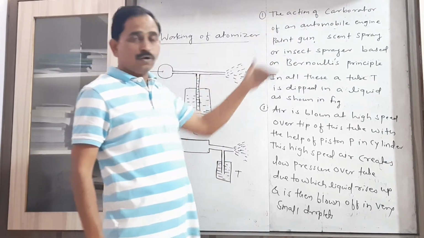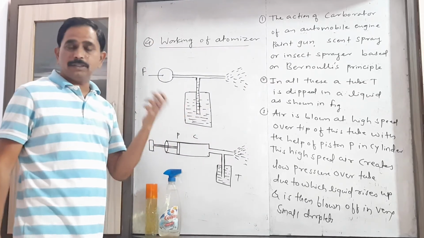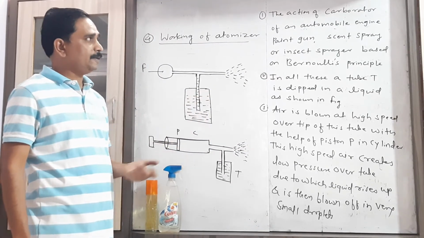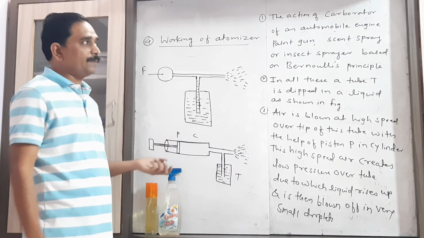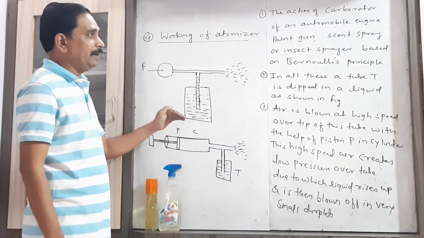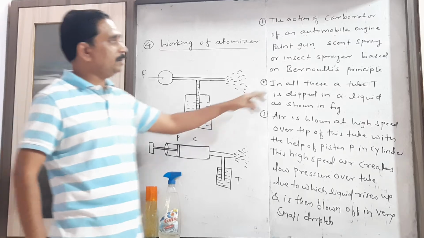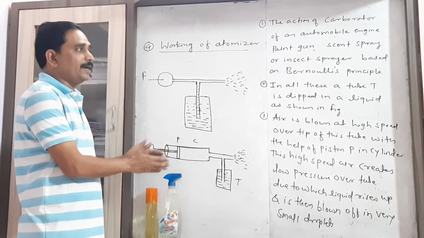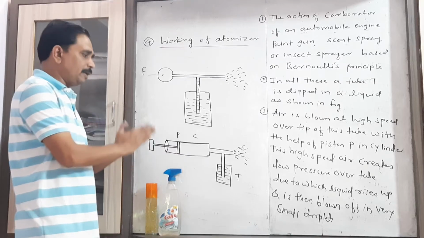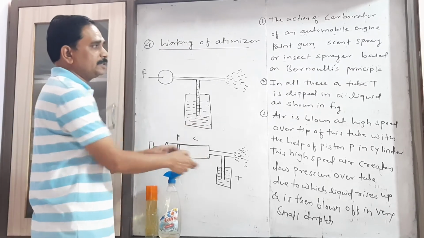That is the action of carburetor which is used in our automobile engine, paint gun, scent spray, insect spray. These are all atomizers based on Bernoulli's principle. Now in all these devices we have just a tube in which liquid is taken.